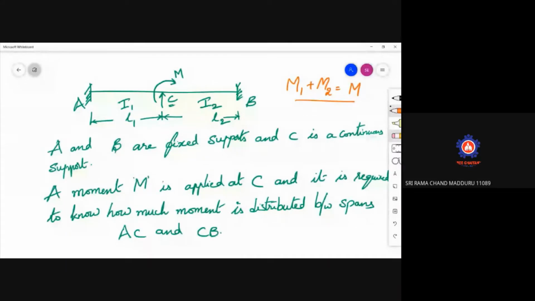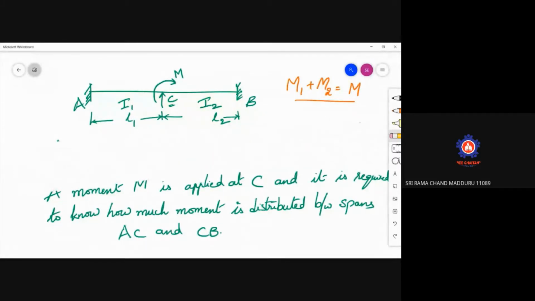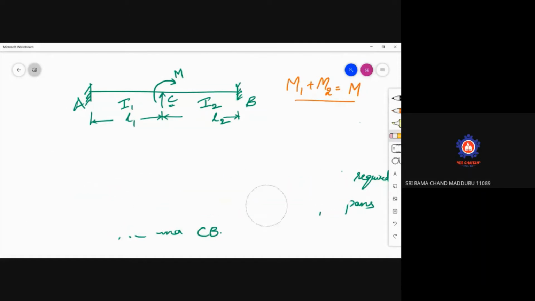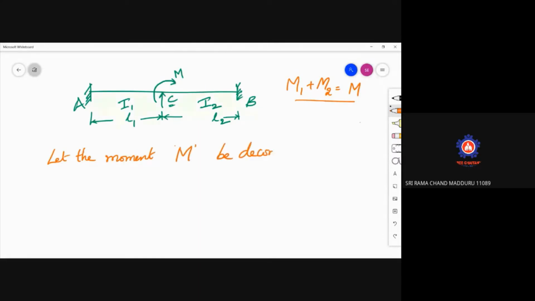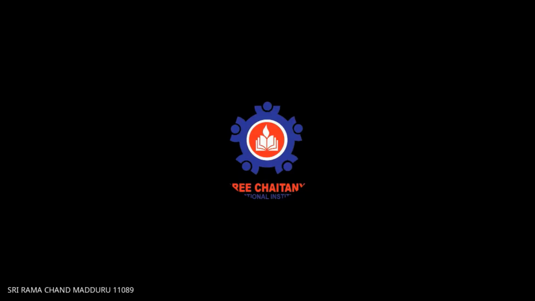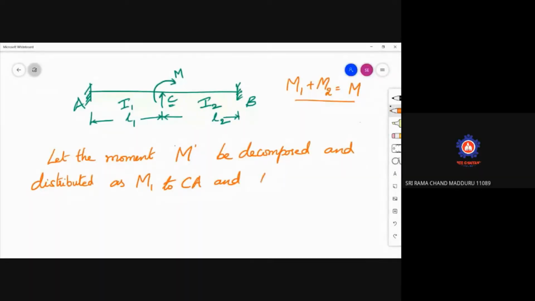Write down here: let this moment M be decomposed and distributed as M1 to CA and M2 to CB. So this is the beam.